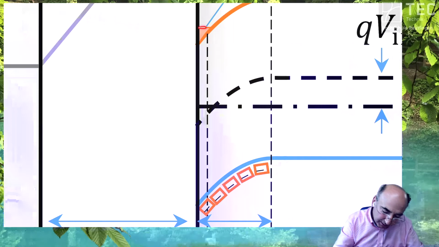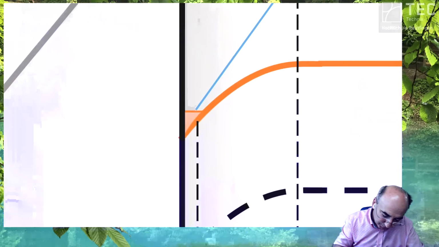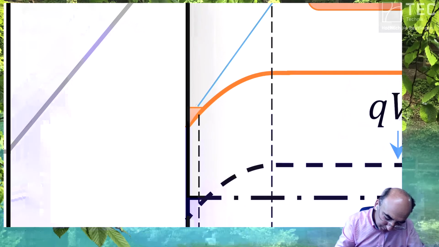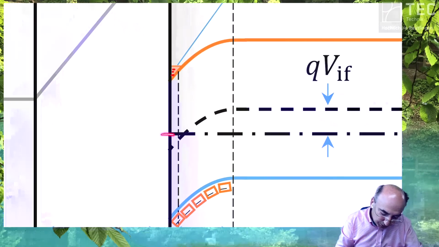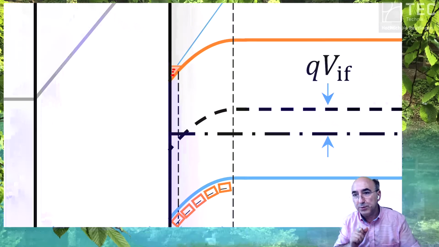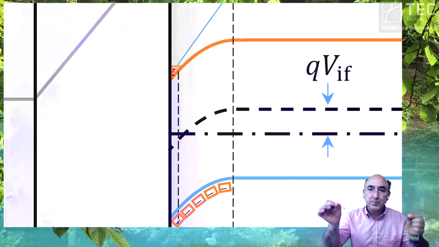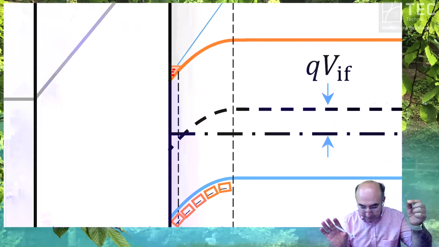That way you accumulate electrons at the interface, like you would have doped it N-type. But you don't change the doping. You just change the potential. That's it.